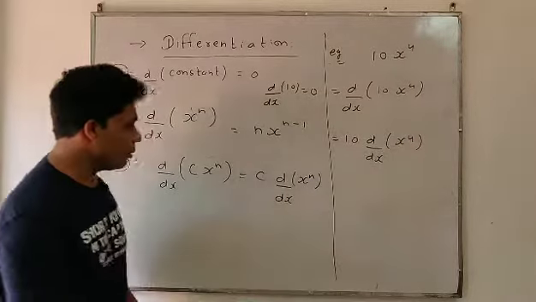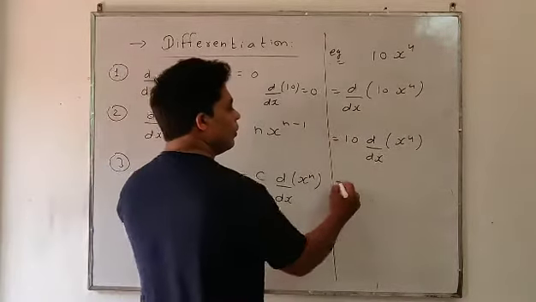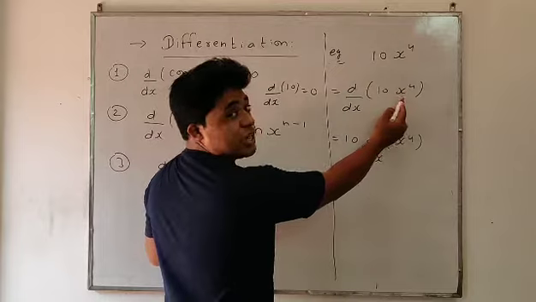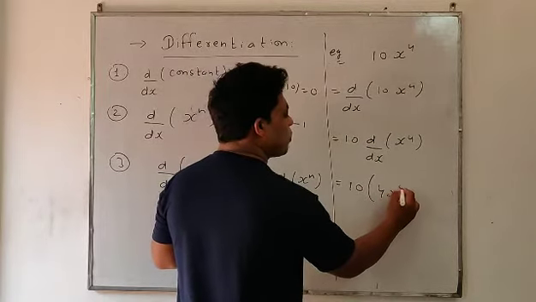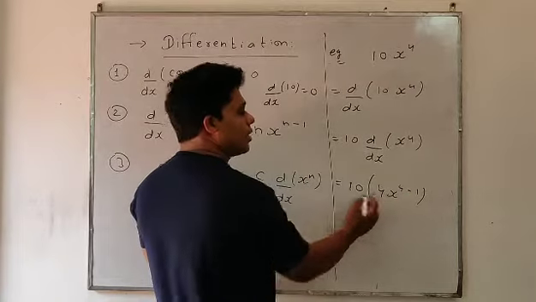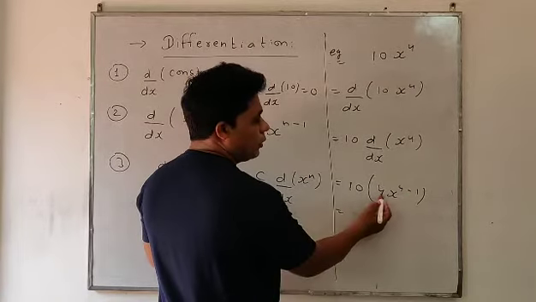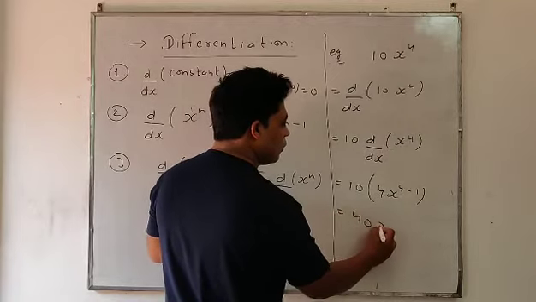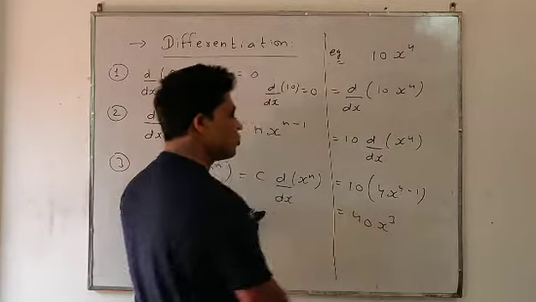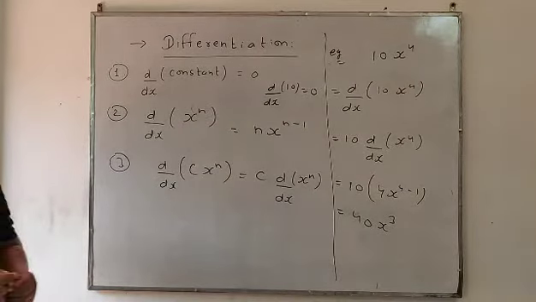And which formula is applicable? This one. 10 comes outside because it is with the function x to the power 4. So we'll write 4x power 4 minus 1, that is n minus 1. 10 into 4 is 40. 4 minus 1 is 3. So this will be the differentiation of 10x power 4.